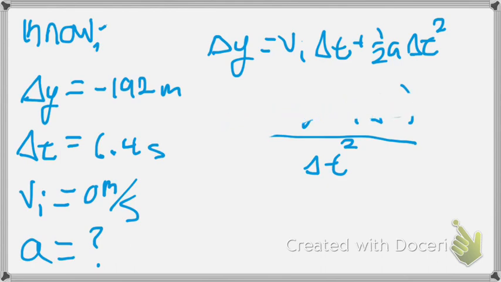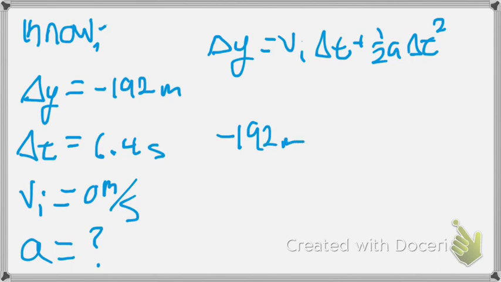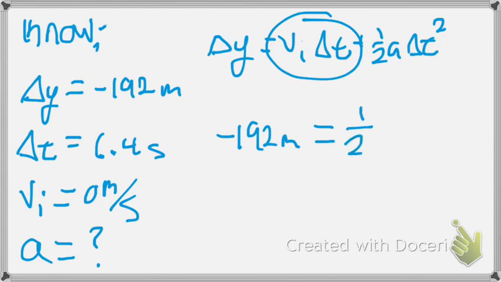So instead, let us just plug in the information that we have. So we have negative 192 meters. We can eliminate this portion of the equation because our velocity initial is 0, which just leaves us with 1/2 acceleration times our change in time, 6.4 seconds squared.